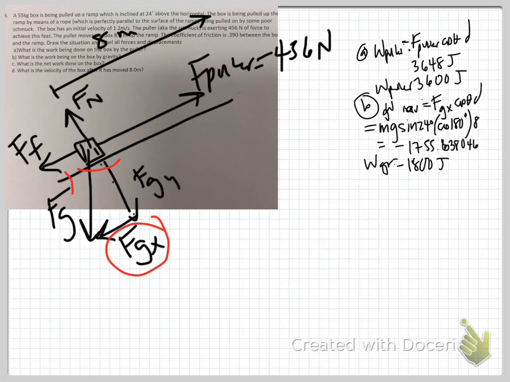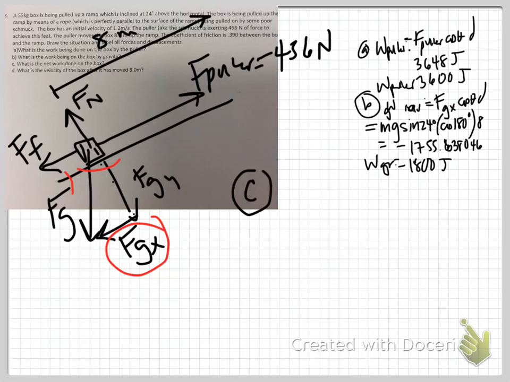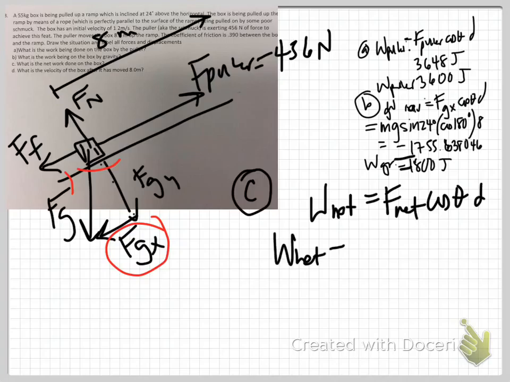The net work was a whole different ball game. You can find net work two ways without invoking the work kinetic energy theorem. So net work is equal to the net force, cosine theta d, or net work is equal to the sum of all the works.